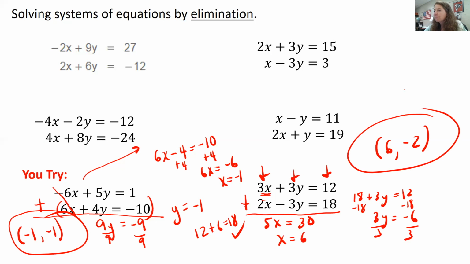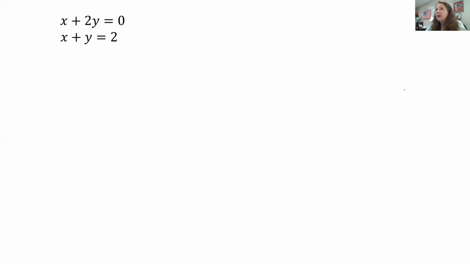I hope so. All right, now on this slide, you're going to notice that we can't just do a plus sign and everything. Something will eliminate the other, okay? So that means we're going to try to create an equation so that one of the two variables will eliminate each other. For example, this first one, I have x plus x is 2x.